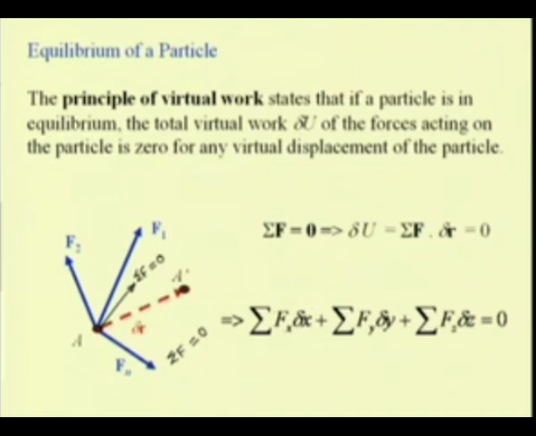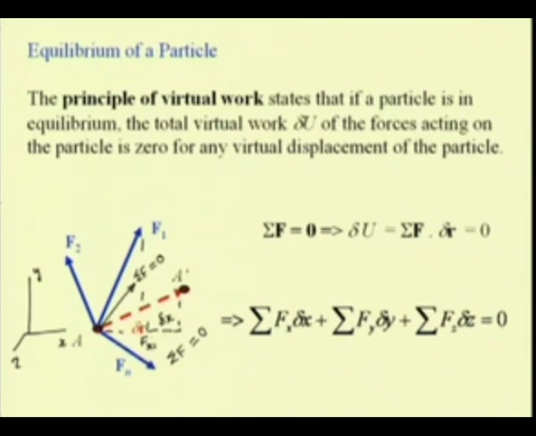So, sum of all such virtual works is sigma f x delta x, or say if we define these coordinate systems, then we are taking the component of this virtual displacement delta r along the x direction, which we define as delta x, and the component of say these forces is f x, say 1, 2 and so forth.